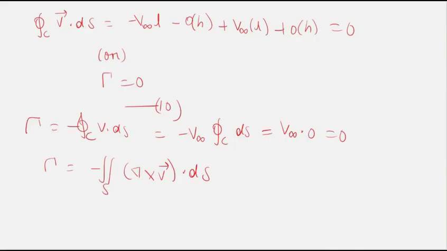And when I say my flow is irrotational, the curl of my velocity is 0 everywhere, correct? So if I write circulation in terms of the Stokes theorem, my curl of velocity is 0, which in turn tells me that my circulation is 0.